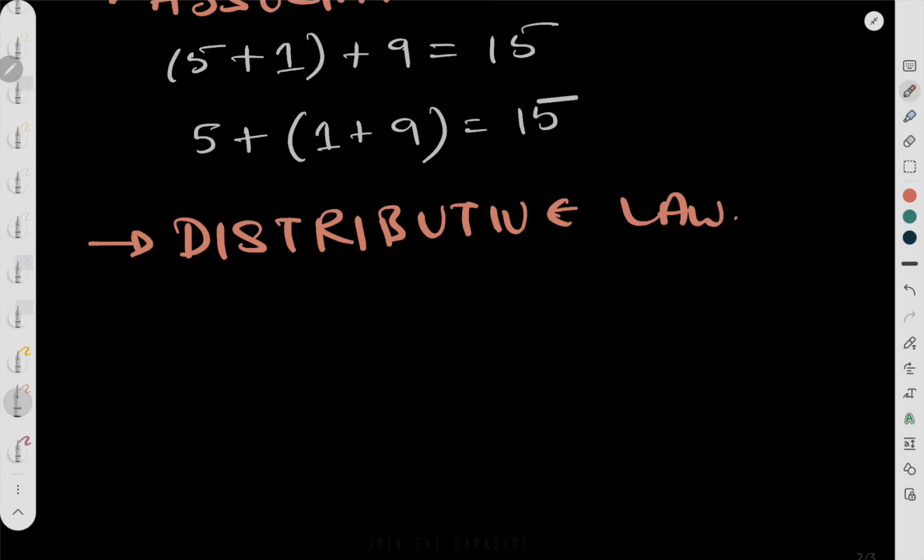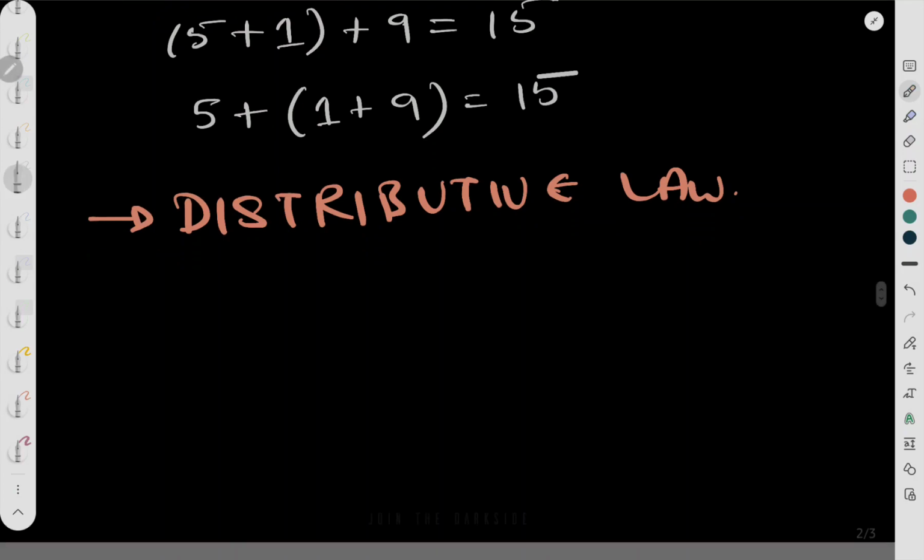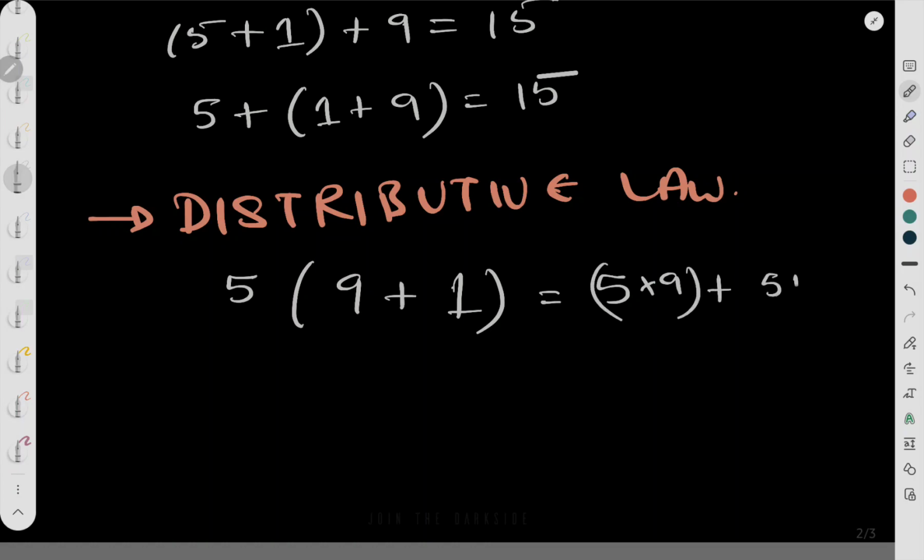Okay, now the distributive law is pretty easy. The distributive law contains multiplication and addition. It's like this. If you have 5 into (9 plus 1), you can do it as 5 into 9 plus 5 into 1.